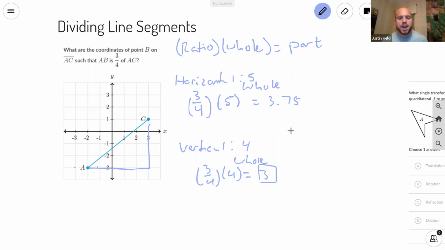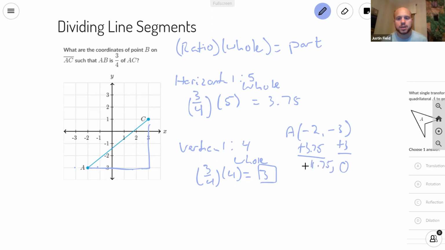So from A, which is the point -2, -3, in order to get to the 3/4 point, we are going to have to add 3.75 to the horizontal, so 3.75 to X. And we're going to have to add 3 to the vertical, so add 3 to Y. So -3 plus 3 is 0, like I said. And -2 plus 3.75 is 1.75.